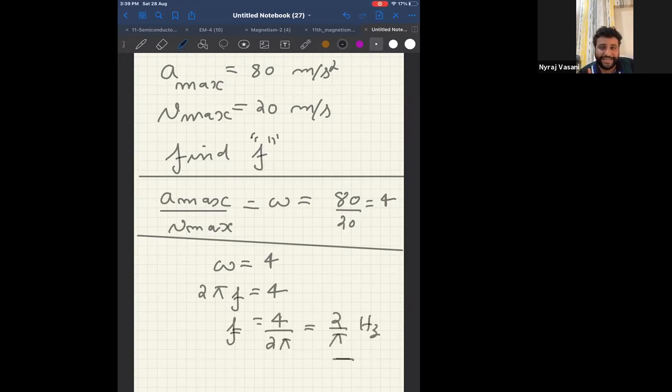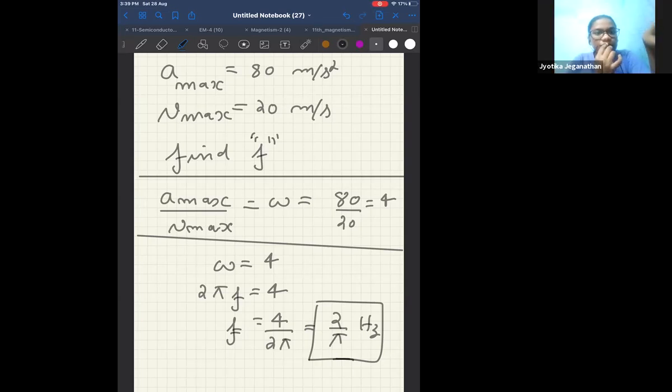Here pi is not 90. We are not converting degree to radian. Here pi is 3.14 only. Actual value of pi, 3.14. It is not pi radian. It is only pi. But you can leave the answer as 2 by pi hertz. Tell me if you're getting this answer. Substituted the value of pi as 3.14?